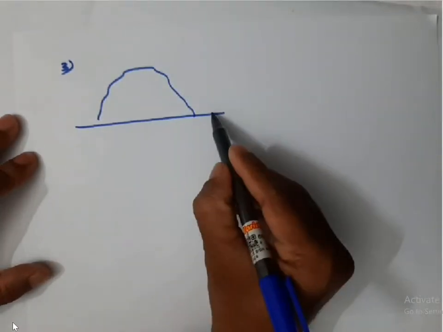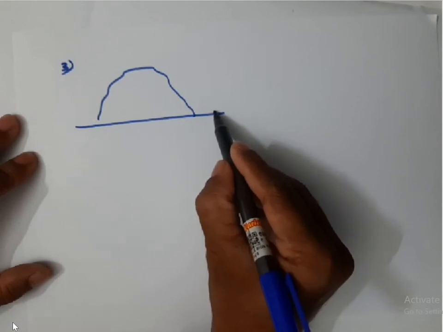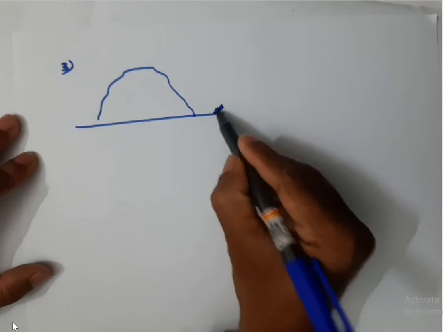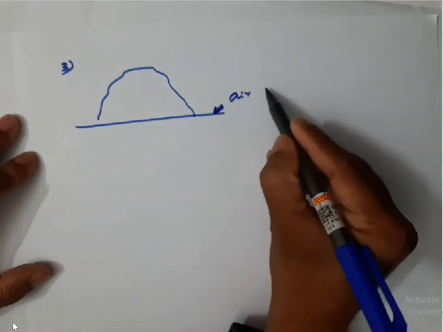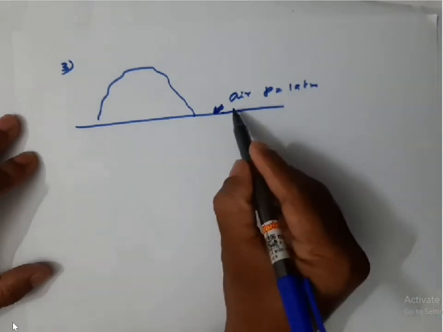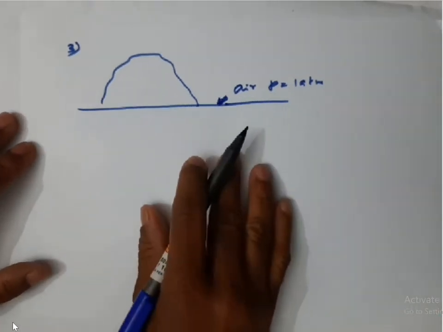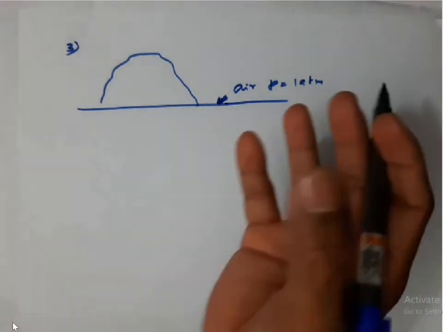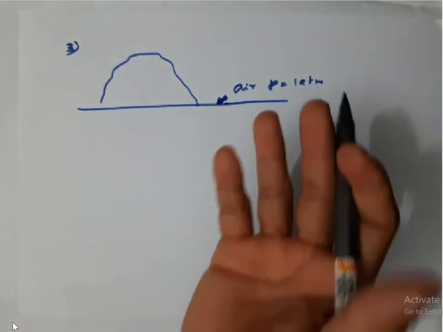Listen, on earth the air pressure will be close to 1 atmosphere. So people living on the earth's surface will never get any problem of suffocation. They get a sufficient amount of oxygen.